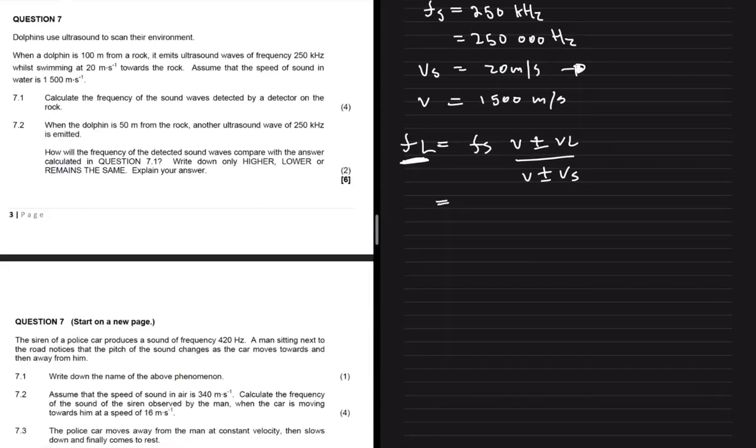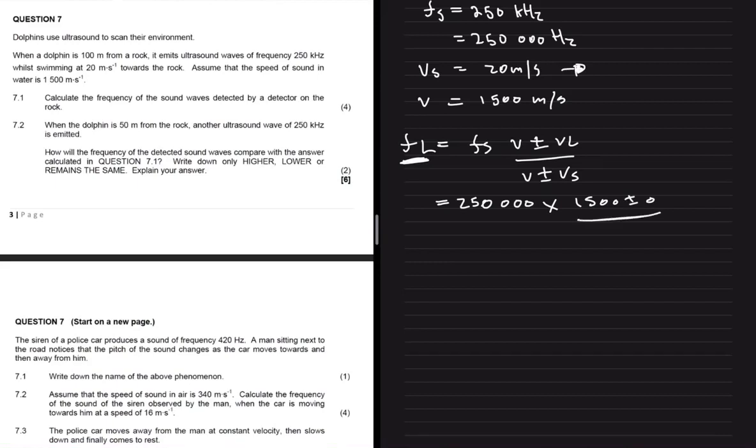The frequency of source is 250,000 hertz multiplied by 1,500, the speed of sound in water, and then the listener is stationary, so you can have plus or minus 0, it wouldn't matter.